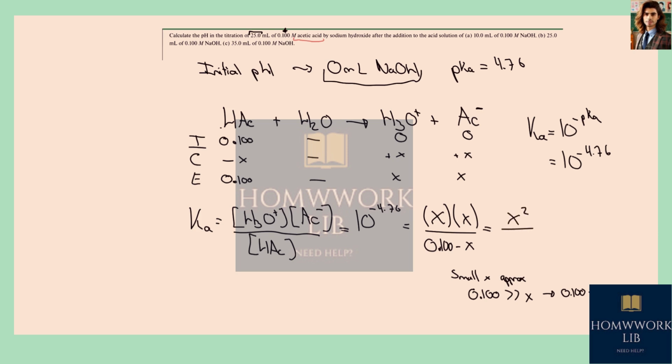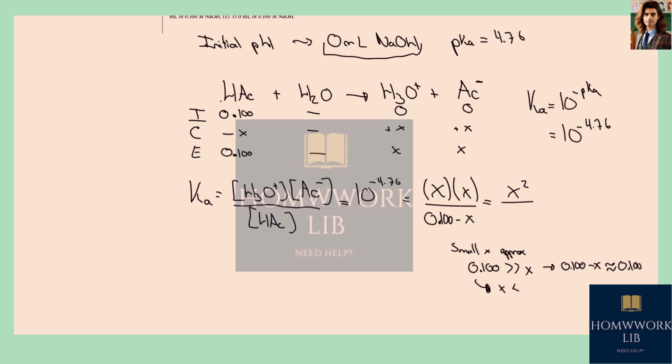In this case, this small x approximation is going to be good whenever the value for x is lower or equal than 5% of the initial concentration of 0.100. This is going to be a threshold that we're going to employ. So now, under this approximation, our expression for Ka, which is 10 to the minus 4.76, becomes x squared divided by 0.100.